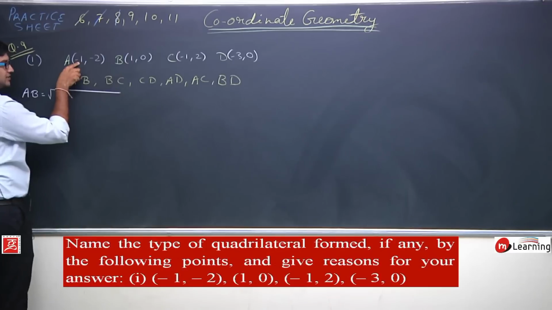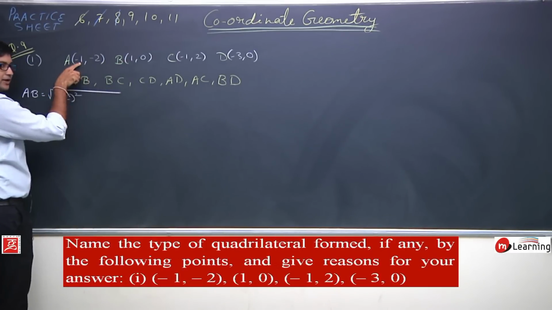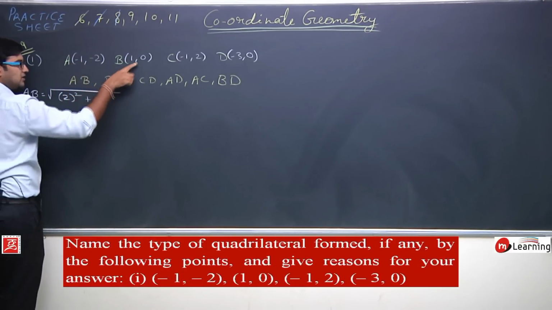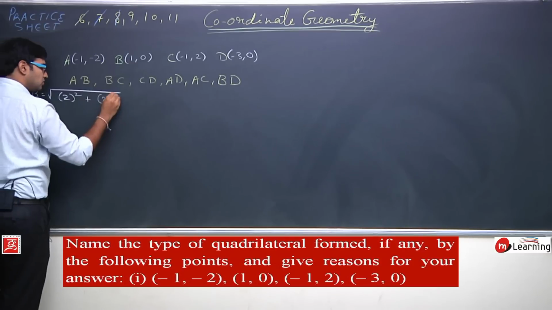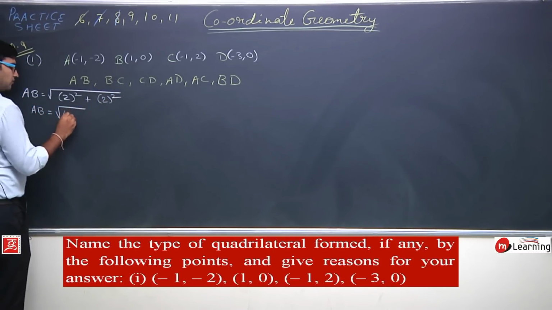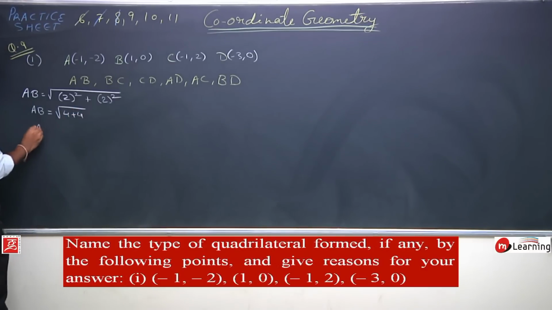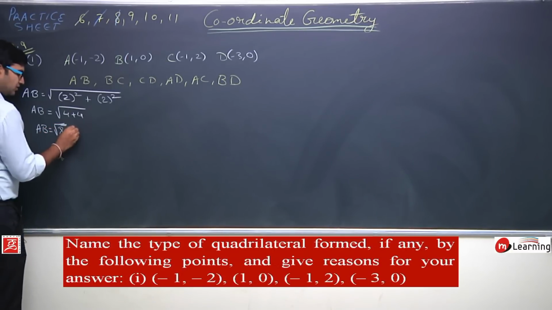So x2 minus x1 will give you 1 minus of -1, which is 2 square, plus y2 minus y1, which is 0 minus of -2, will give you 2 square. So AB will be the square root of 4 plus 4, that is AB is equal to root 8 units.